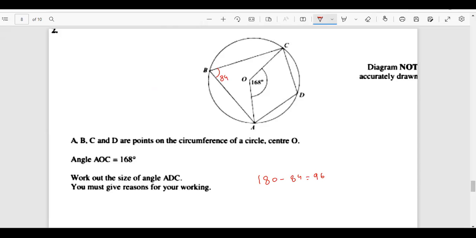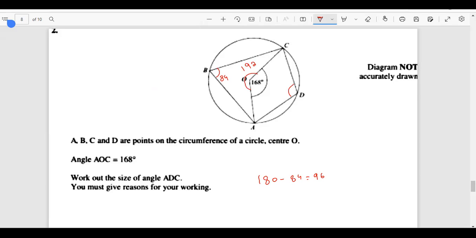I didn't know that you had to use opposite angles. You can use any logic. Let me tell you another logic. You got quite close. This angle was 192, right? Now what do we know? The angle at the center is twice the angle at the circumference. So if this is 192, this angle would be half of 192.